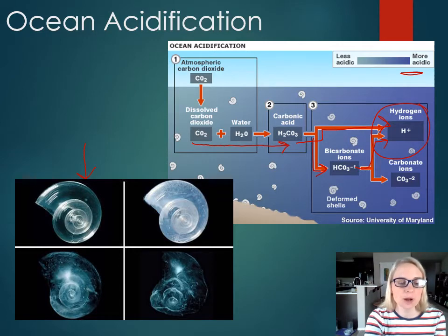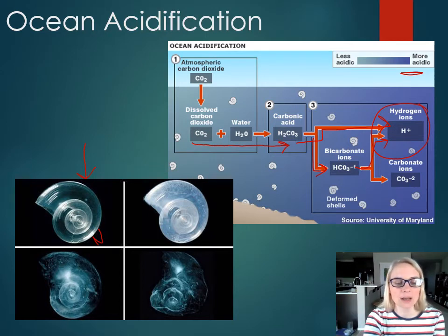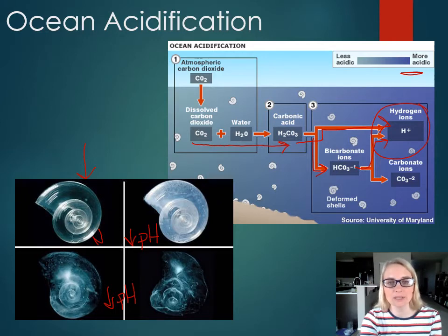This first box is normal. Then as we increased the hydrogen ion concentration, decreasing the pH of the water the snail shells were growing in, we can clearly see there's an impact on how well the snail shells can get the carbon out of the water and put it into their shell structure.